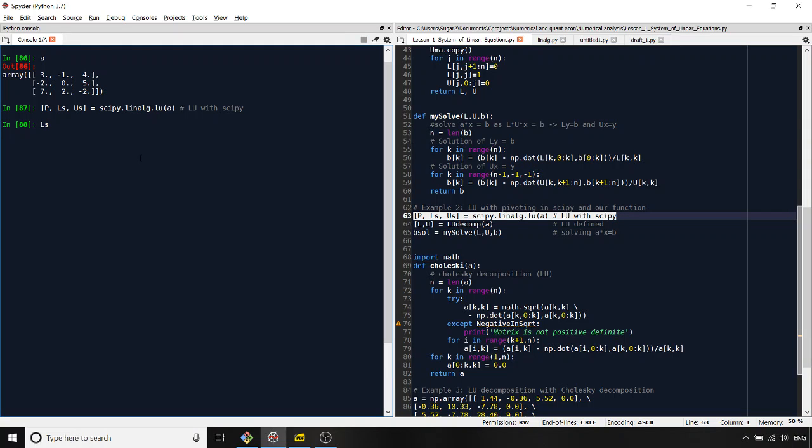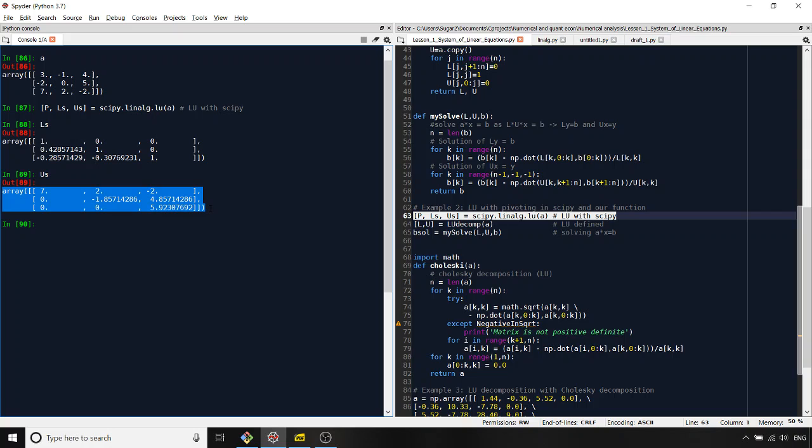So I just use S for SciPy, so US and LS. As you see here, this is the third row, and you know that the upper triangular is the one after Gauss elimination, and these numbers are the multipliers which are supposed to be always below 1, because we put a higher value on top and multiply that value by something lower than 1, and we get to this lower triangular matrix, or this Gauss eliminated upper triangular matrix.